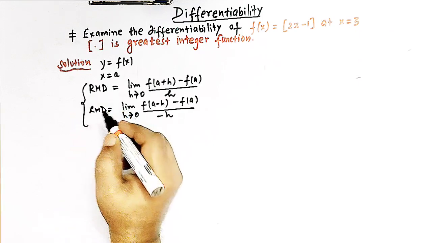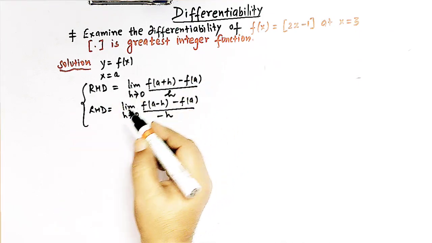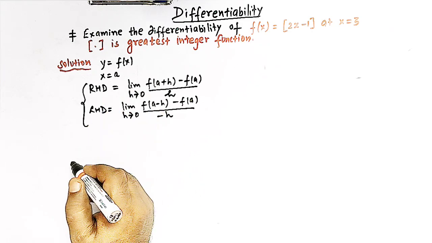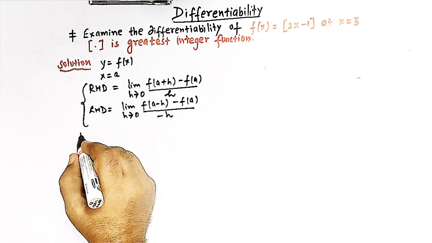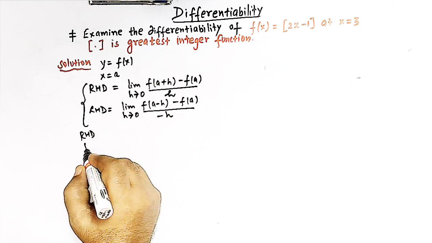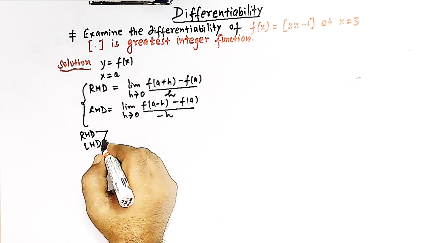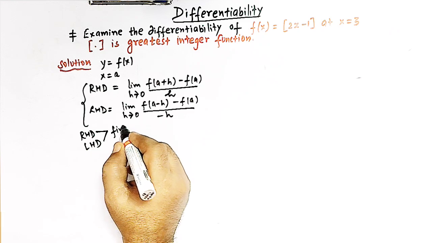Now a function is said to be differentiable at this point x is equal to a if the right hand derivative and the left hand derivative both exist, and they should be finite, right?